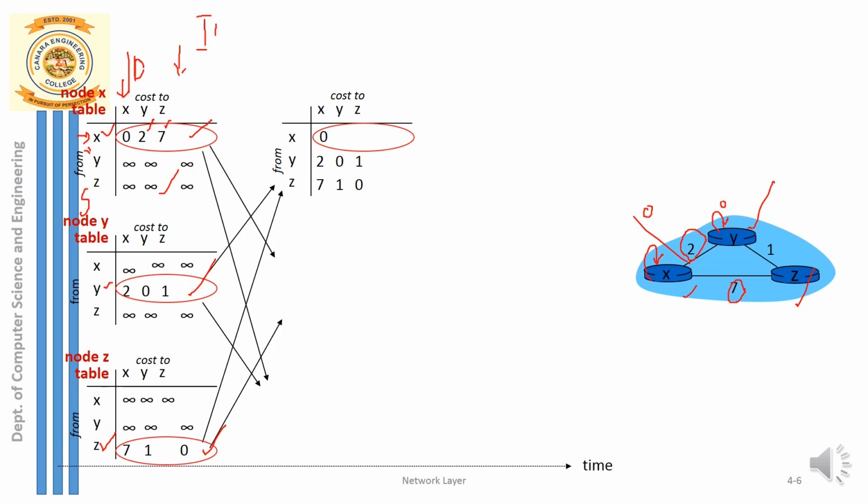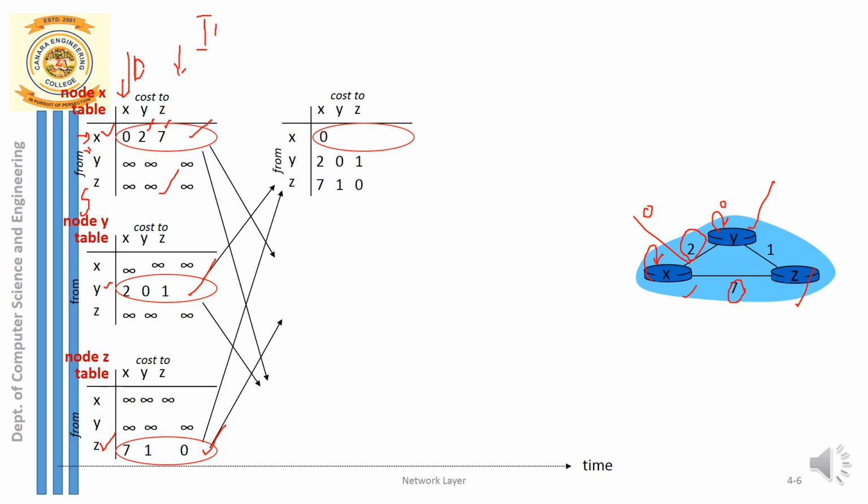Just for your understanding, you can note that no nodes have shared their information until now. It is all about the node x which has calculated the cost to reach from the source node, that is itself, to its neighbors. So the cost to reach from x to z is 7.